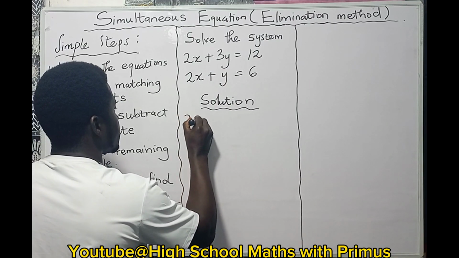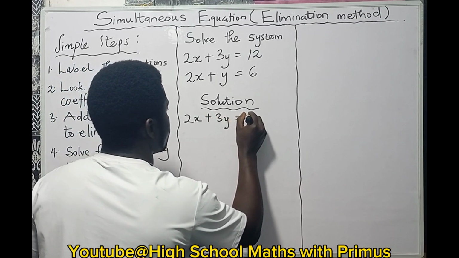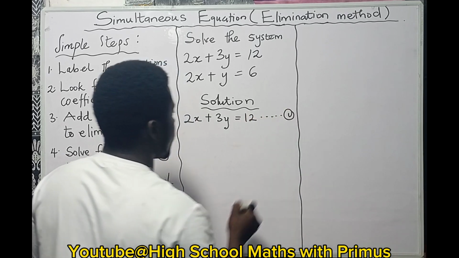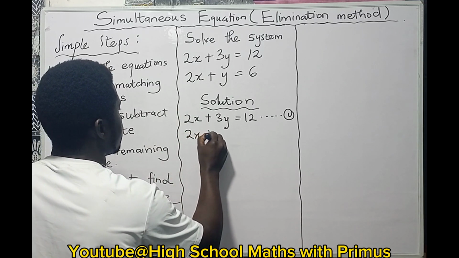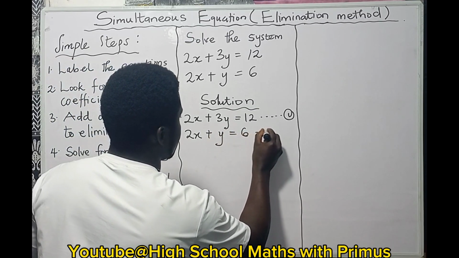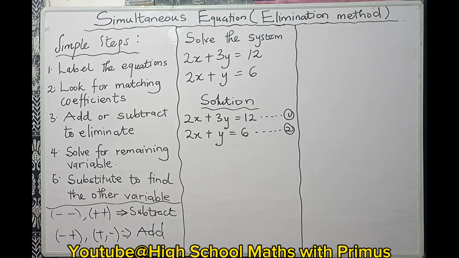We have 2x plus 3y is equal to 12. And I will label this one as my equation 1. I have another, 2x plus y is equal to 6. And I will label this equation number 2. So we are done with the labeling.